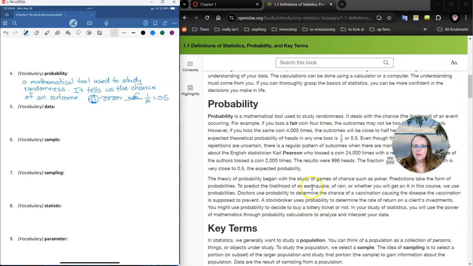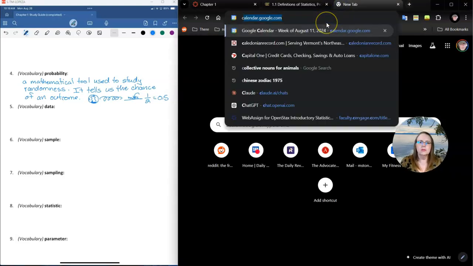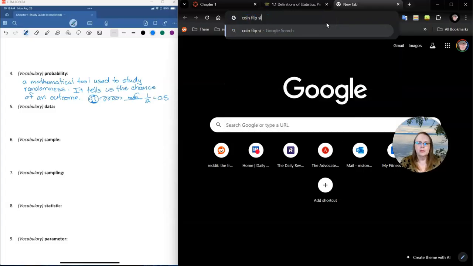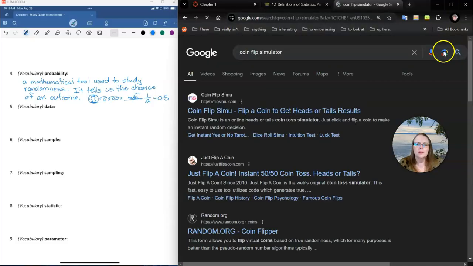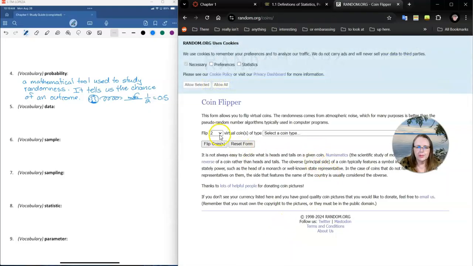And you could Google coin flip simulators and see how long it takes to get that expected probability. Let me actually do that really quickly. So, coin flip simulator. Random.org sounds like where I want to be.